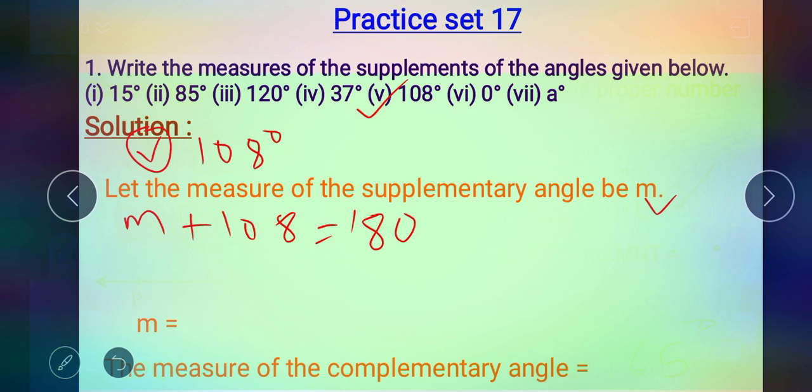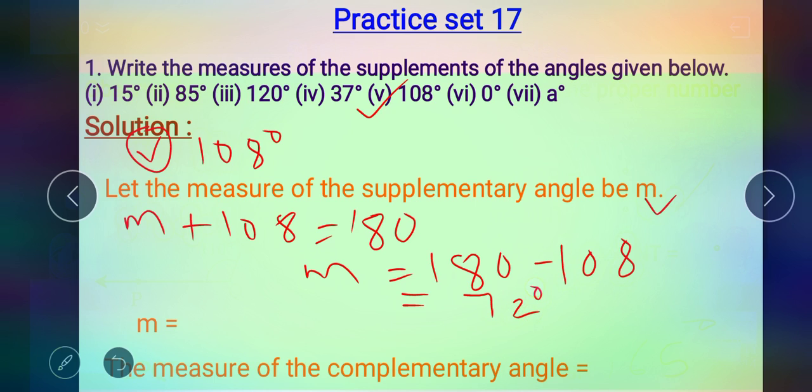Now 108 is added with m on the left hand side. When you change the side it becomes subtraction, and we get m is equal to 180 minus 108. When you subtract, you will get 72 degrees, students.